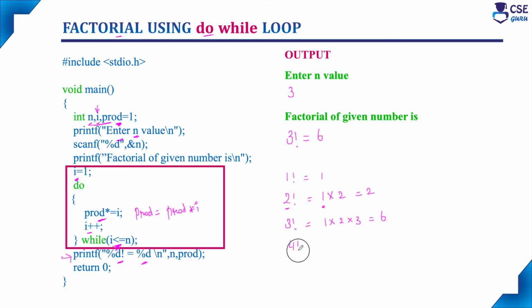And 4 factorial is 1 into 2 into 3 into 4, that is 24. So the logic is, starting from 1 up to the given n value, we multiply the sequential numbers, and the result we get is the factorial of that number. So this is the concept of the factorial function.